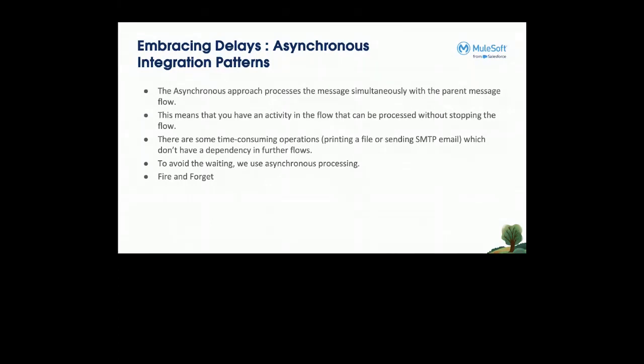We call it a topic exchange in MQ, and from there you can bind n number of queues. Anything you send to the hub, the hub can send to all the queues at the same time, and all those queues can be subscribed to by process APIs or any other APIs, and from there you can manage.